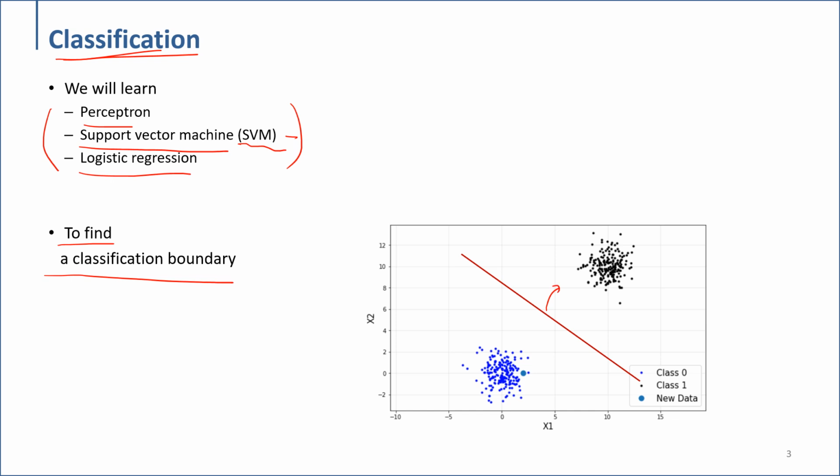Over this area, we will put them in class 1, and over this area we will let them fall into class 0. So let's say you have new data here, we will all agree that this data will fall into class 0. To determine that, we need to find the best classification boundary. That would be our objective.